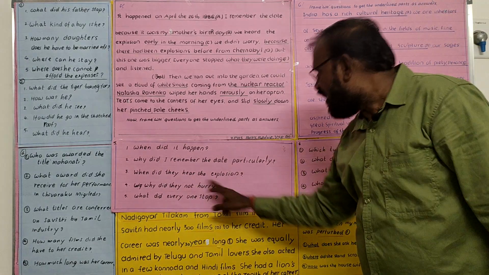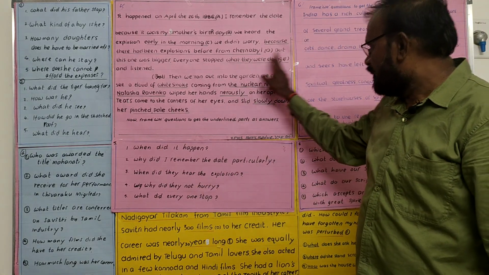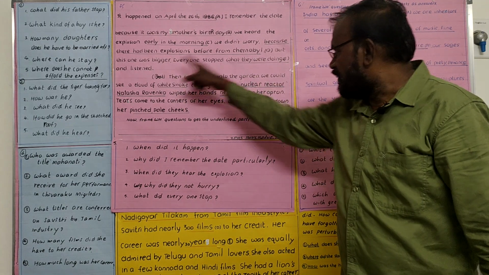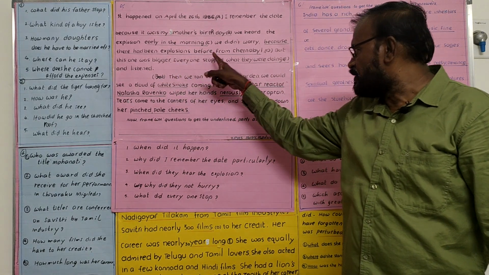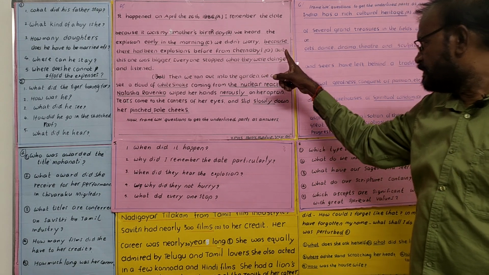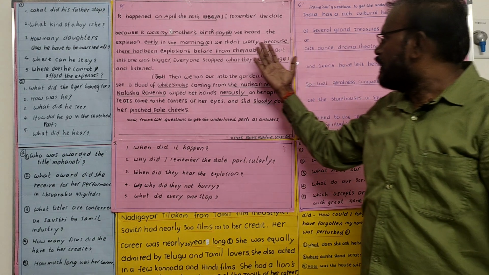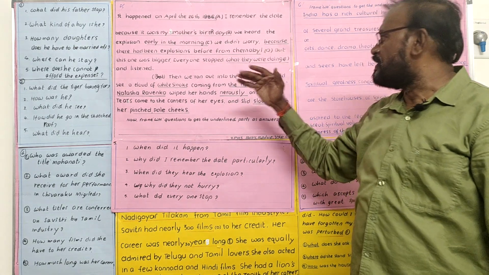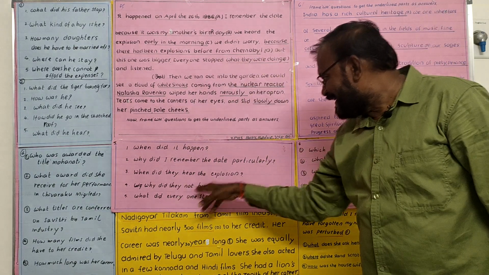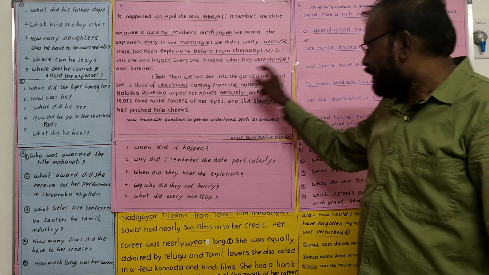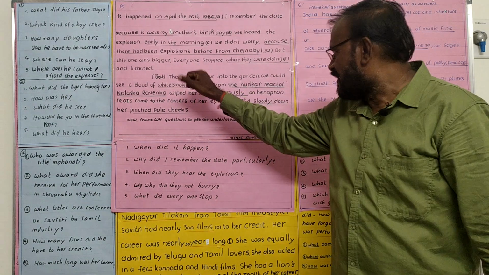Why did they not hurry? Because there had been explosions before from Chernobyl, as there were many explosions, so they didn't hurry. But this was a bigger one.